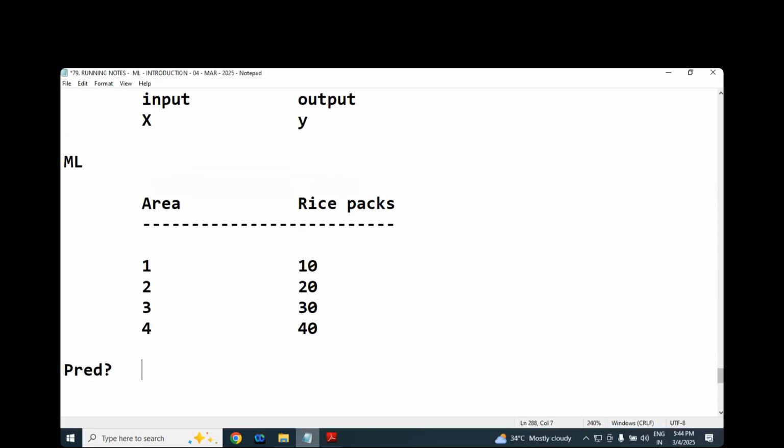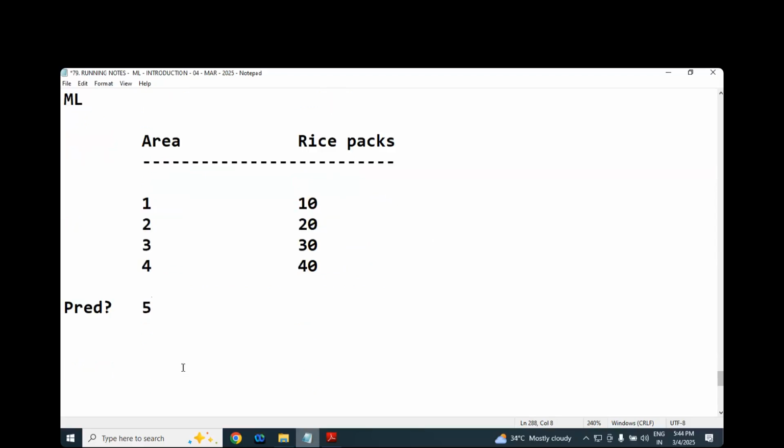Imagine the area is 5. What is the output? 50. This is called the prediction output. Yeah. Let's continue.